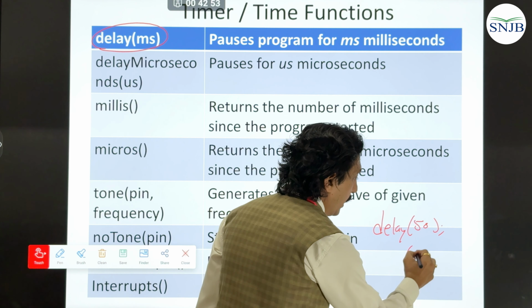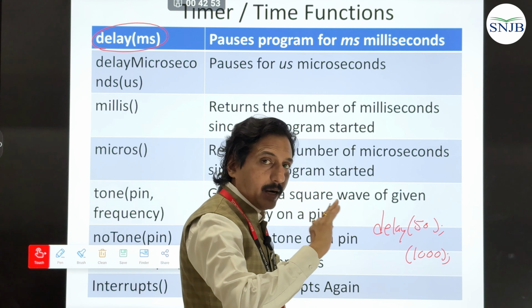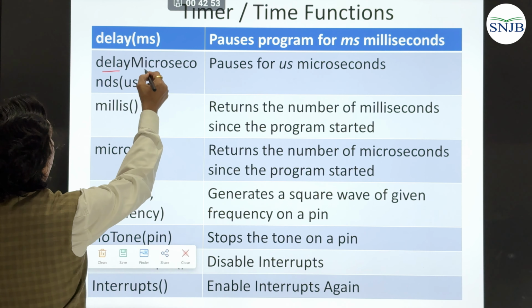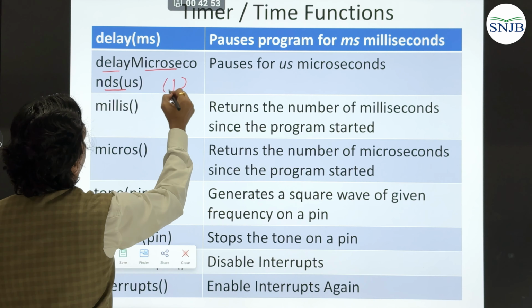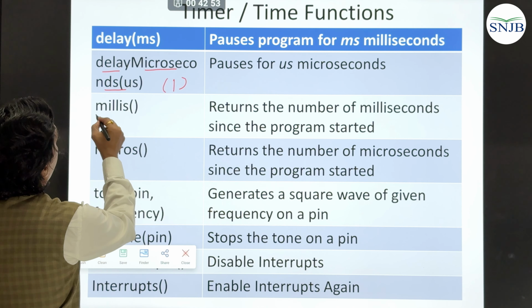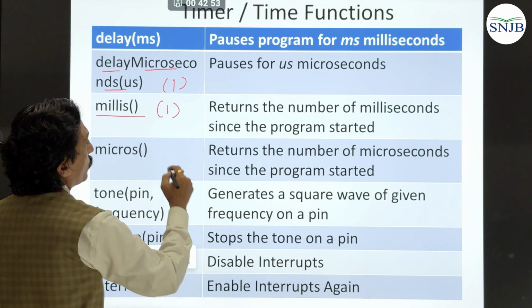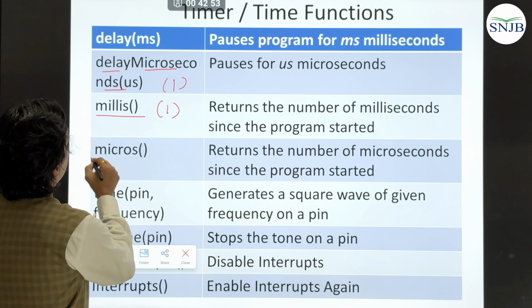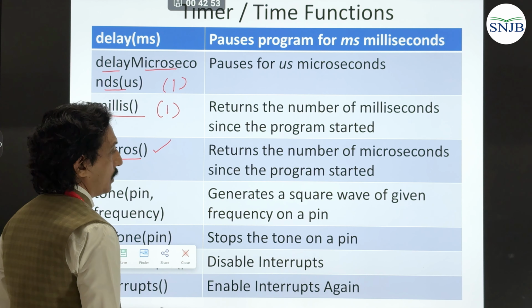If you write delay(1000), 1000 milliseconds means 1 second of delay is generated. delayMicroseconds(1) generates a delay of 1 microsecond. millis returns the time in milliseconds, and micros returns the time in microseconds.